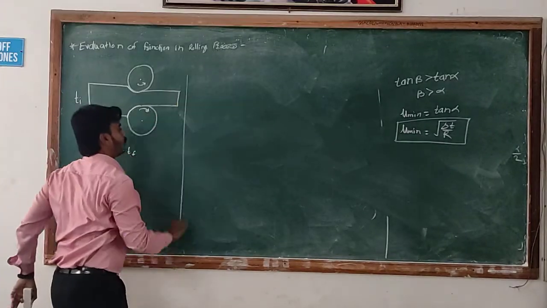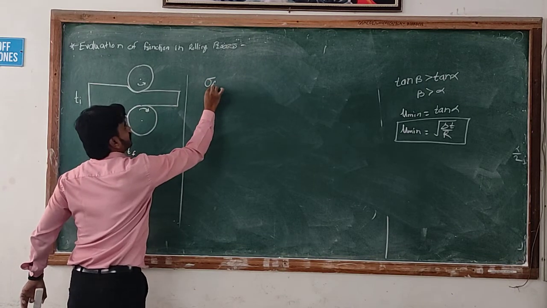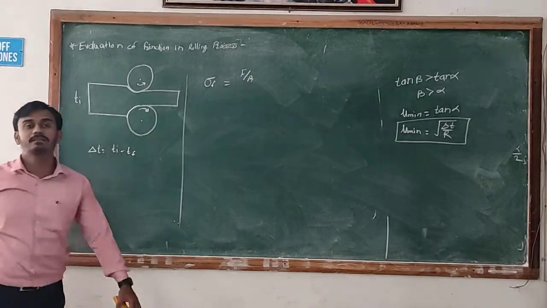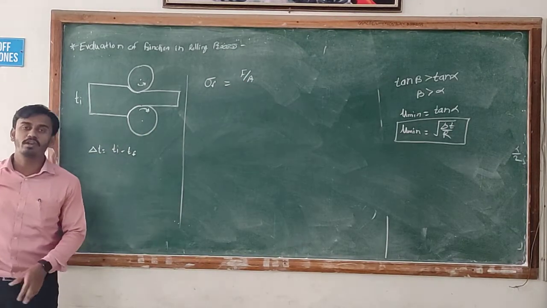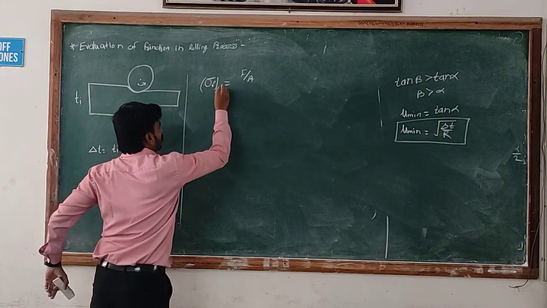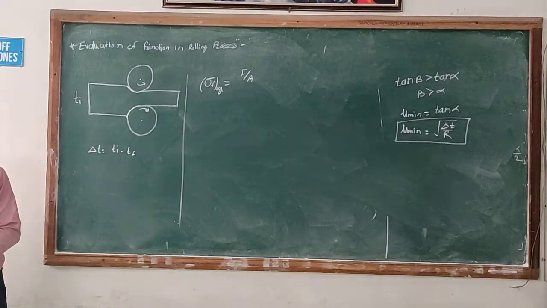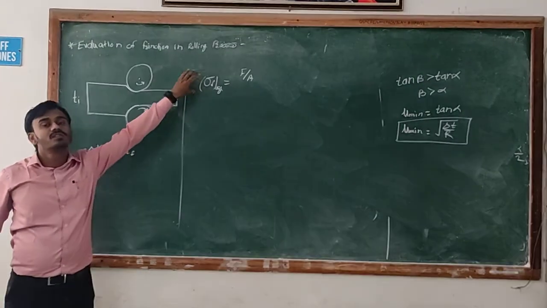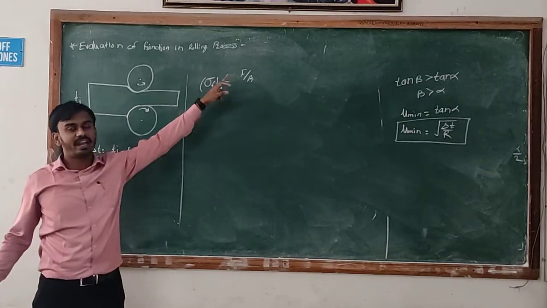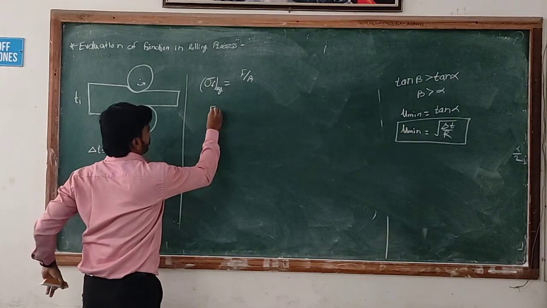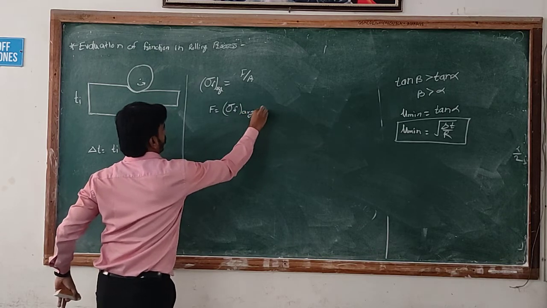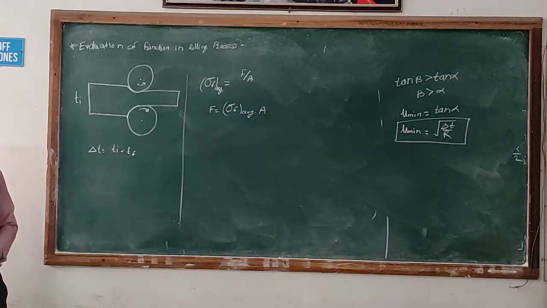We have formulated stress: sigma F is equal to force upon area, where we take the average value, sigma F average, the average flow stress of the material, and F is the force. Therefore, F is equal to sigma F average into area.